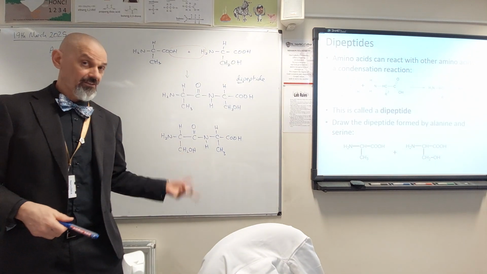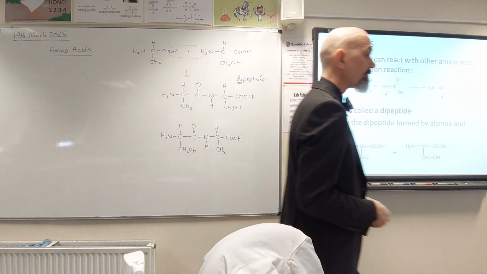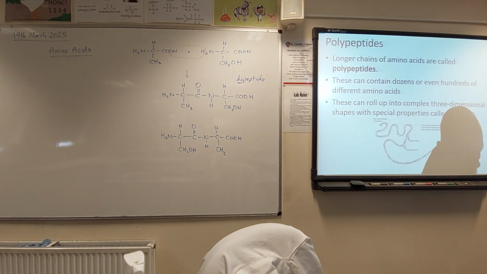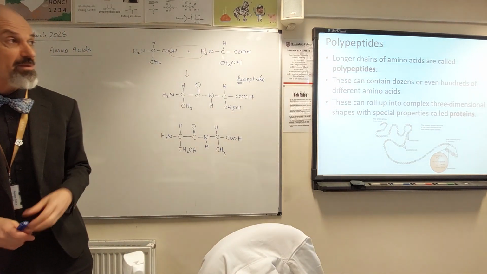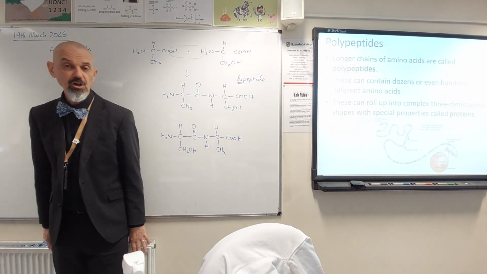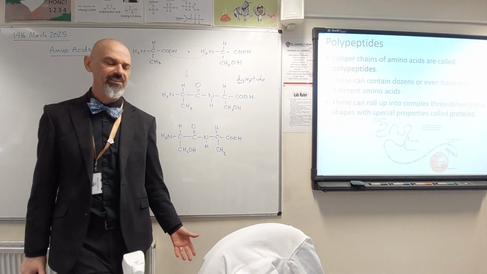There are 21 naturally occurring amino acids, so that's going to get out of control very quickly. When we're looking at polypeptides, there are millions of different combinations of ways of attaching 21 different amino acids.